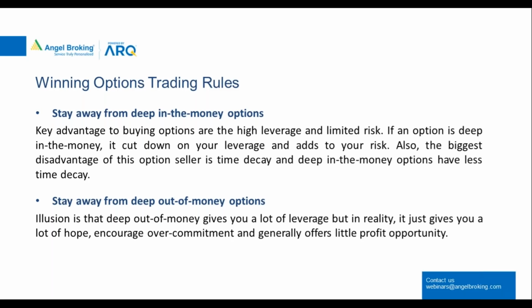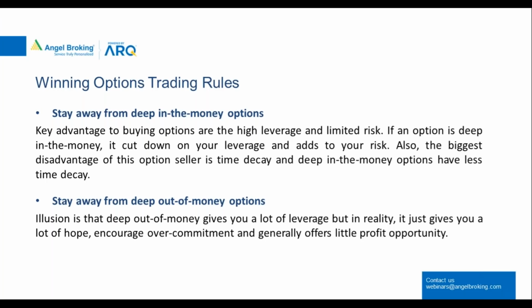So what it effectively means is that, say for example, if Nifty is at 8,400 levels, all the lower strikes will be in the money. So you have 8,350, 8,300, 8,250, 8,200.